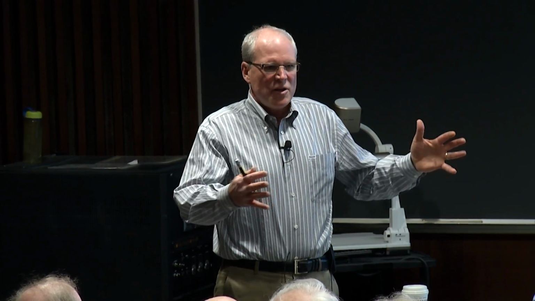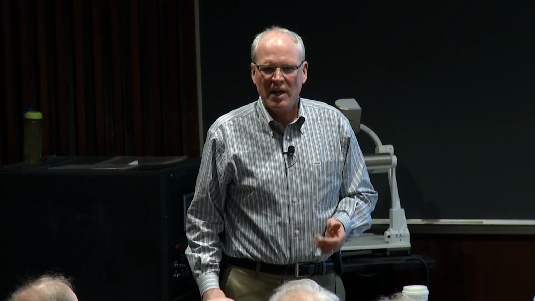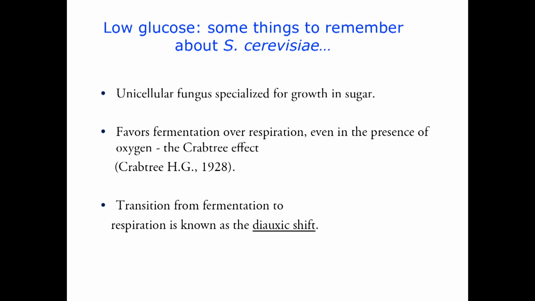And it may be a kind of evolutionary strategy. Use the glucose inefficiently, poison the competition with ethanol. When that's all done, reuse the ethanol in respiration. It's a just-so story, but it's an attractive one. Okay, so that may be happening. This initial effect is known as the Crabtree effect, and the diauxic shift is where metabolism changes.